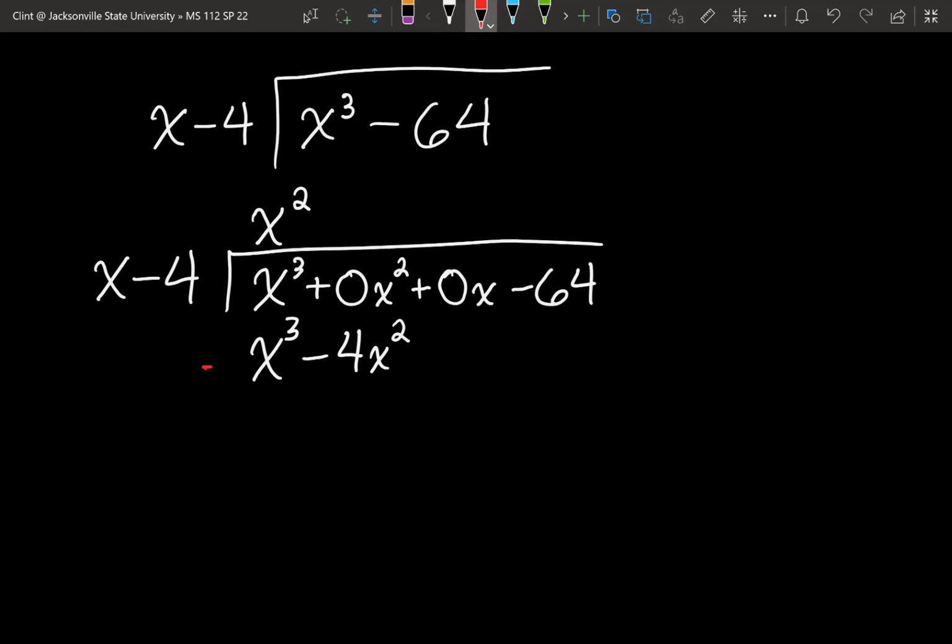And we can change our signs. X cubed minus x cubed goes away, just 0. Then we got 0x squared plus 4x squared, so that's just going to be 4x squared. And it's a little bit weird, but now we're going to bring down our 0x term.